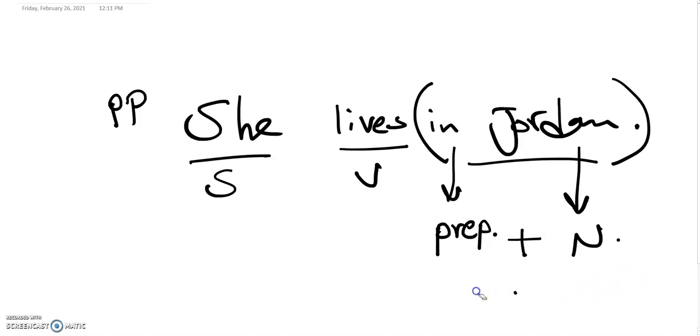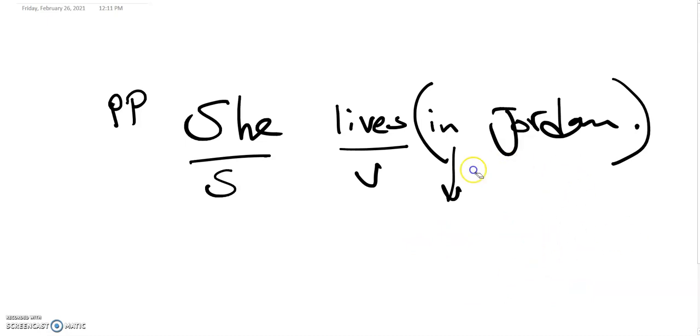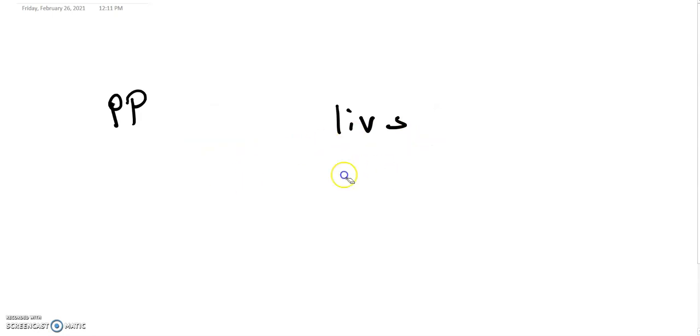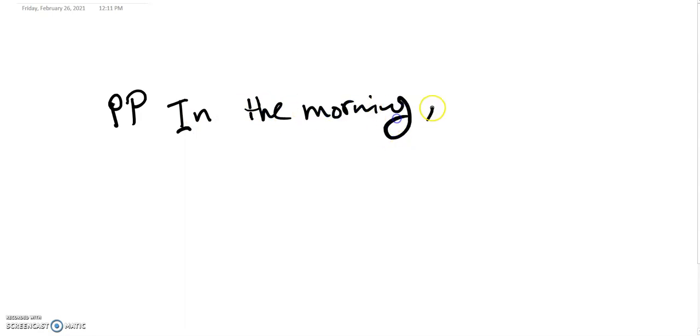So we will get some other examples. Once we say a prepositional phrase, we mean by that this group is governed by the preposition. Suppose that we say, in the morning, she drinks tea.